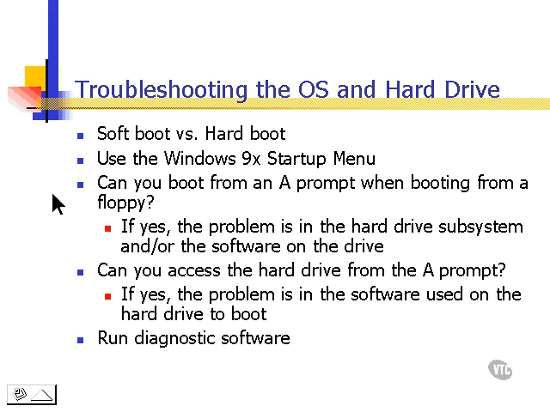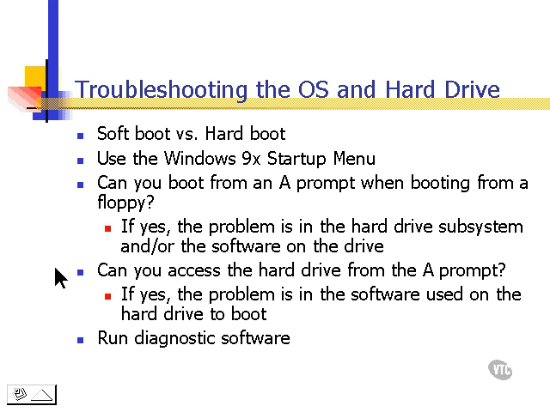In other words, if the system won't start by accessing the hard drive, then can we boot it from a floppy, for example, from a Windows 98 emergency startup disk? If we can, then the problem is with the hard drive system.